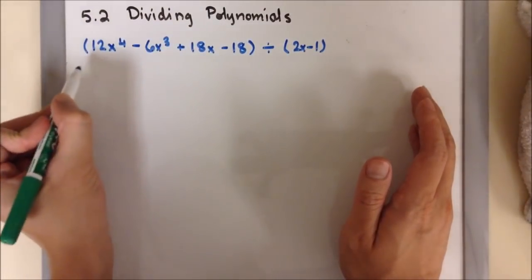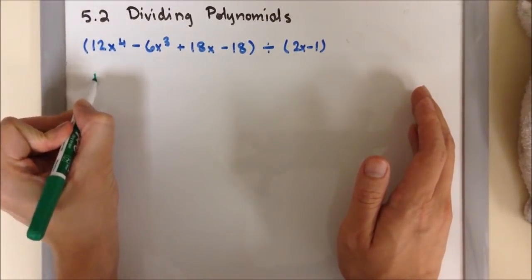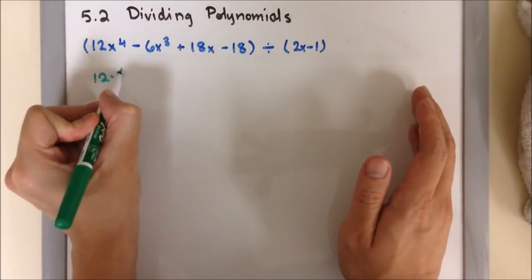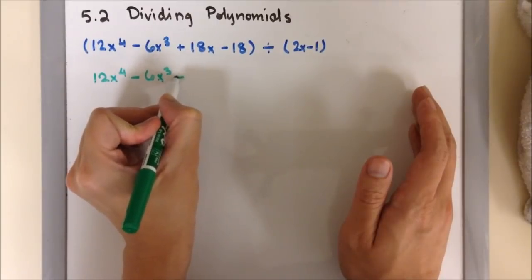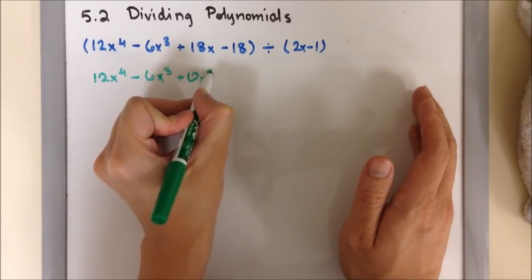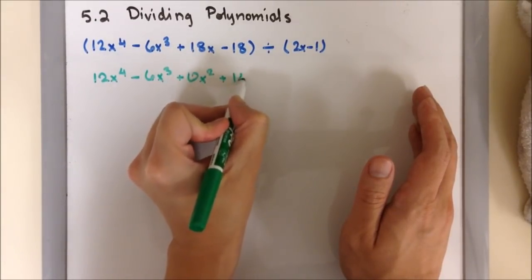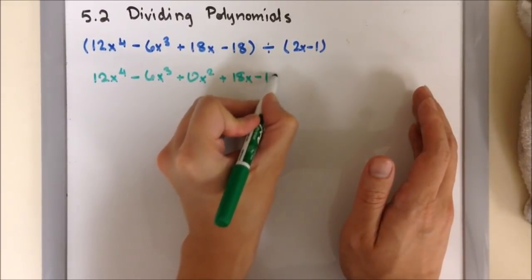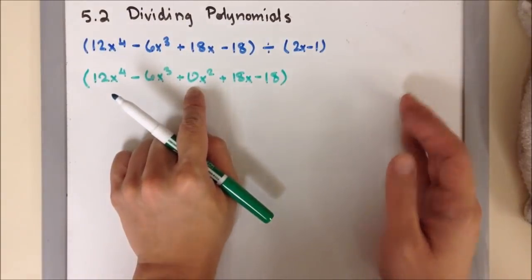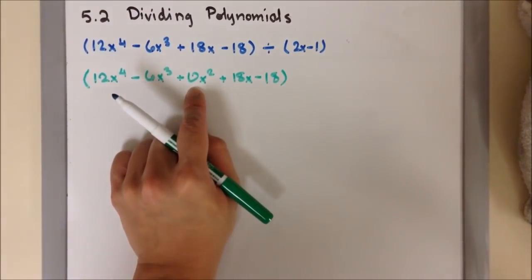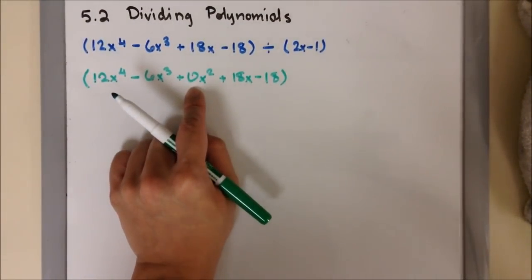So I'm going to rewrite this with my missing term: 12x to the 4th minus 6x to the 3rd plus 0x squared plus 18x minus 18. The reason I use 0 is because the term was not there in the first place. Any missing terms that you have, you're going to use 0.